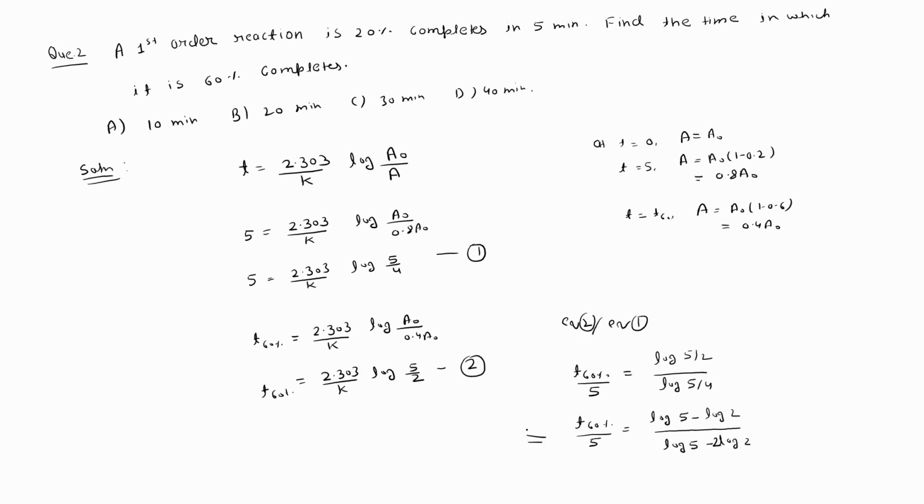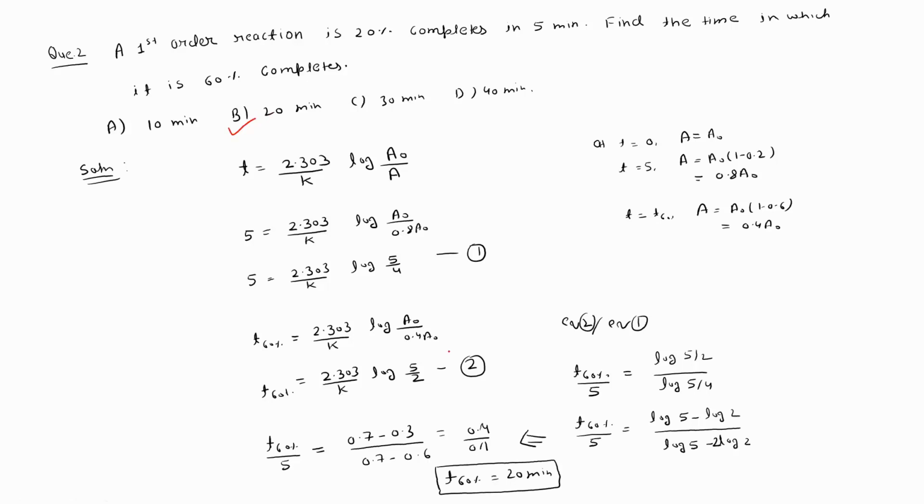So T 60% divided by 5 is equal to 0.7 minus 0.3 divided by 0.7 minus 0.6, which is 0.4 divided by 0.1, that is 4. So T 60% is equal to 20 minutes. So the answer is 20 minutes.